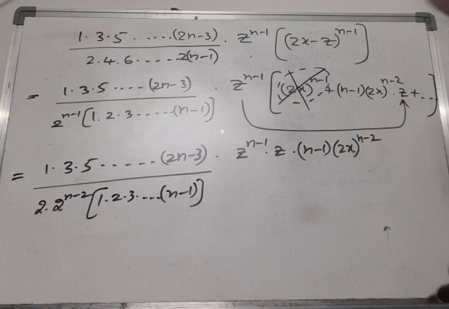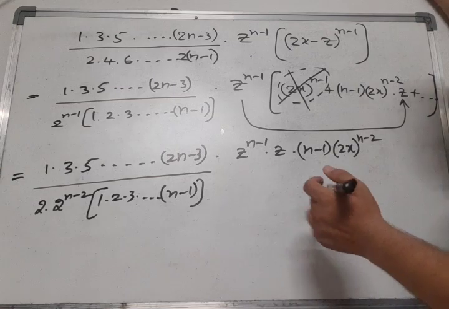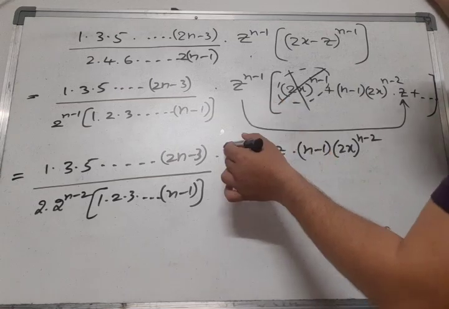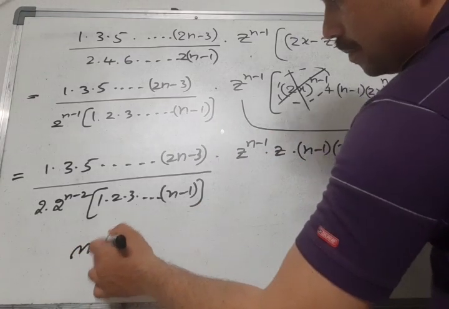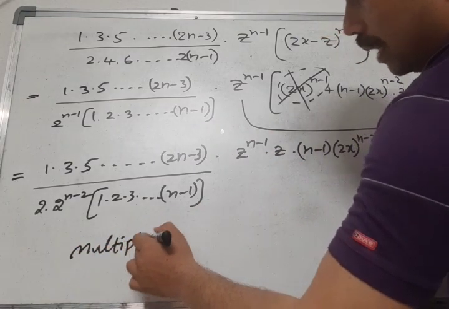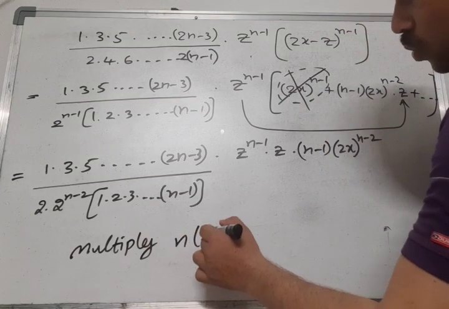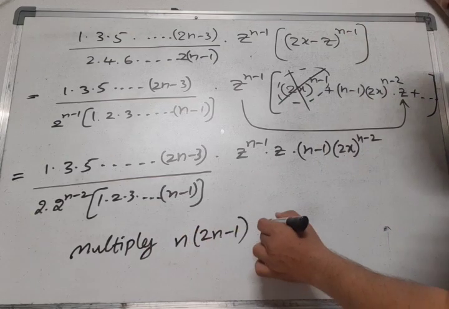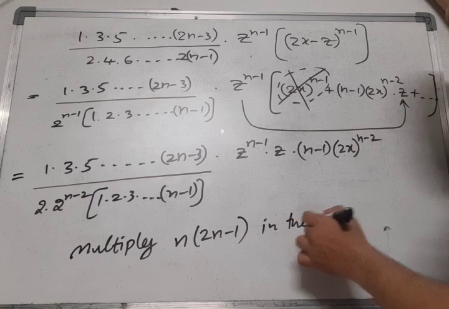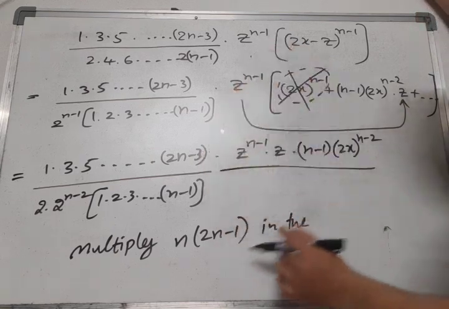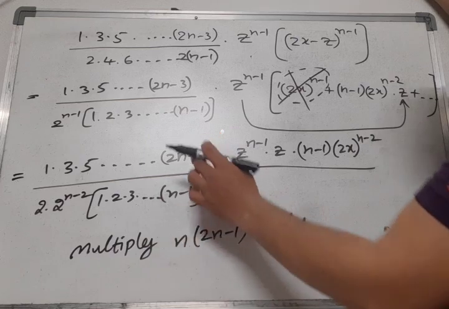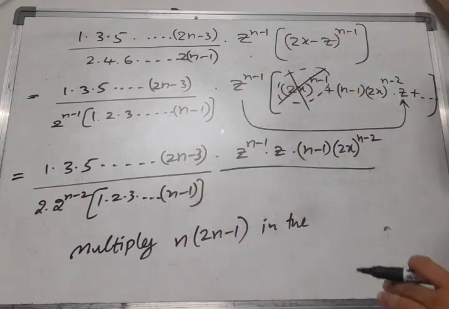Next here what we are going to do is, I am multiplying in the numerator and the denominator with the term n into 2n minus 1. In the denominator you multiply and in the numerator you multiply, the two terms you have to multiply in the denominator and in the numerator.